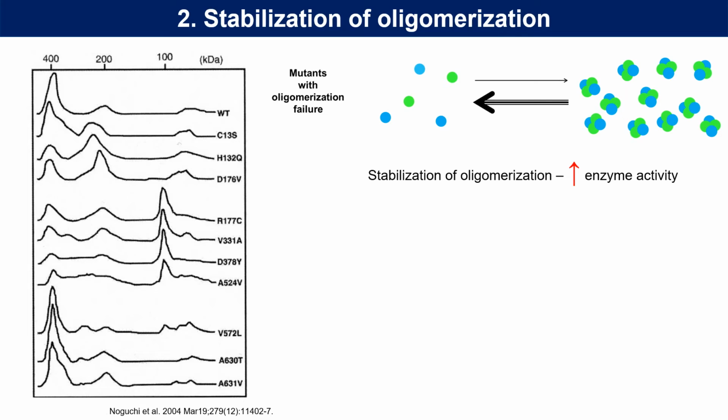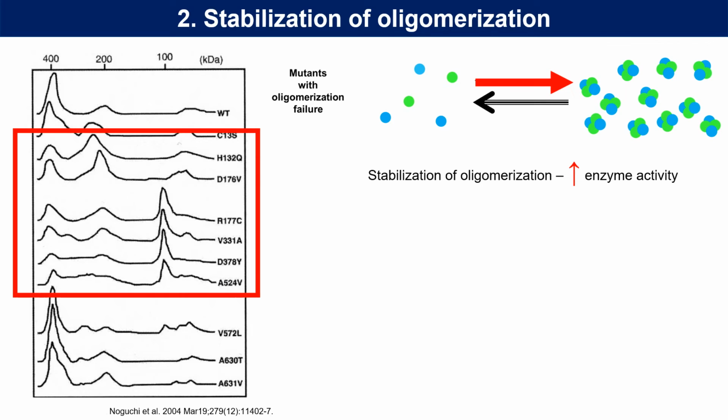And from this analysis, you could see that there are so many mutants that have failure in oligomerization, like these mutants which have peaks at 200 kilodalton, or these mutants which have peaks at 100 kilodalton. So especially in these mutants, stabilization of oligomerization has potential to elevate enzyme activity.